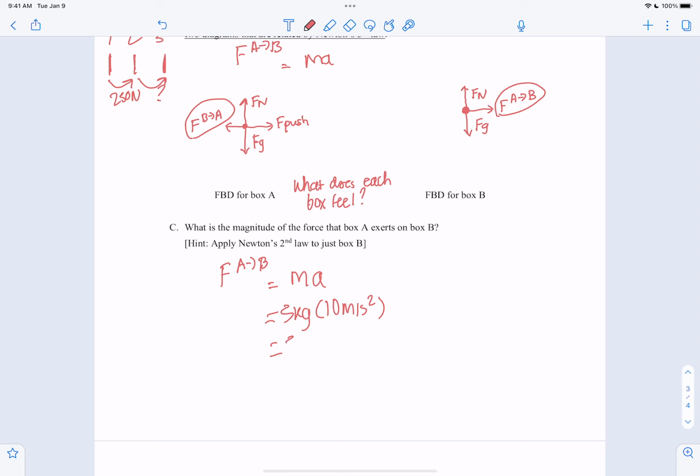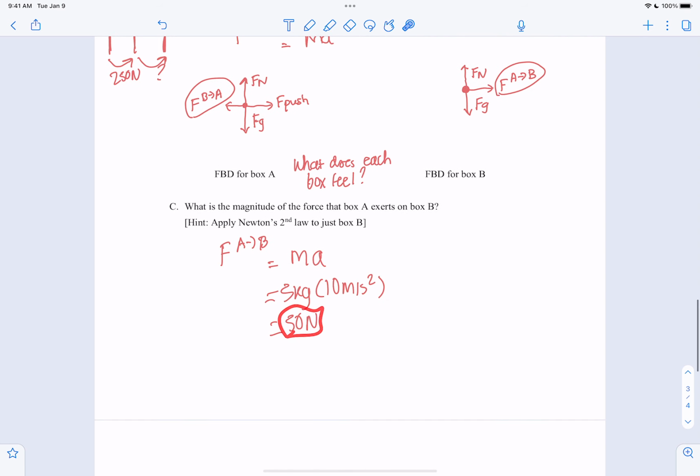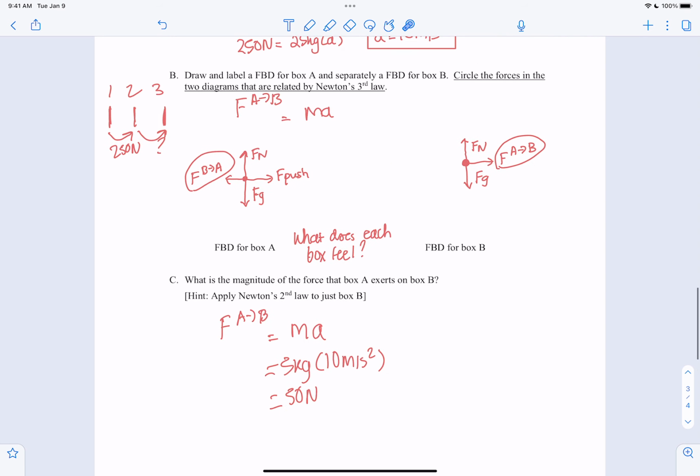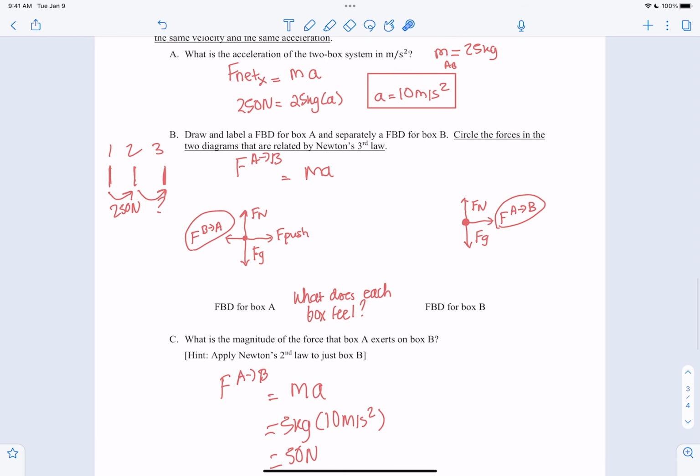So this should give you 50 newtons. Now you can see why it doesn't feel the full brunt of the 250 newtons. It has no knowledge of the hand, only of the box behind it. Box B just knows that box A bumped into it. From an individual perspective, force A on B factors in the mass of B and the acceleration that the whole system feels.